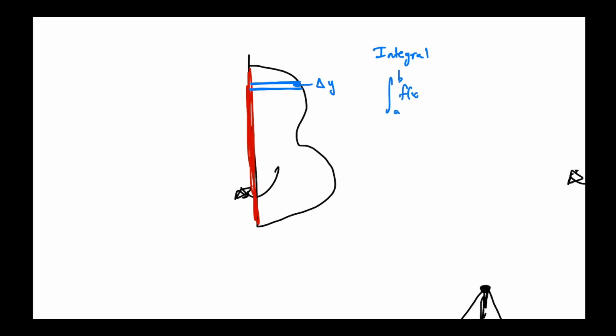What does this mean? Well, okay, so let's back up even further. Let's go back to Calc 1, like the third week in Calc 1. What is the derivative? Slope of the tangent line, okay?